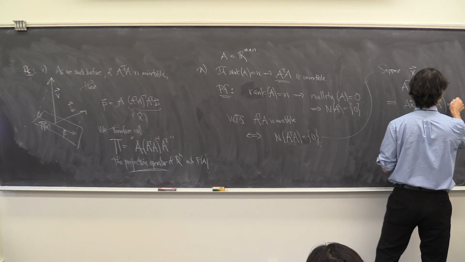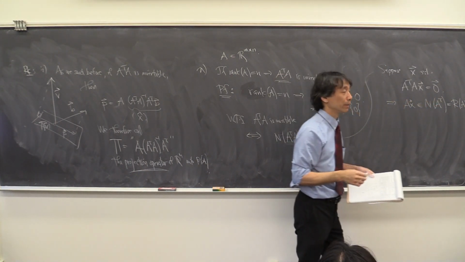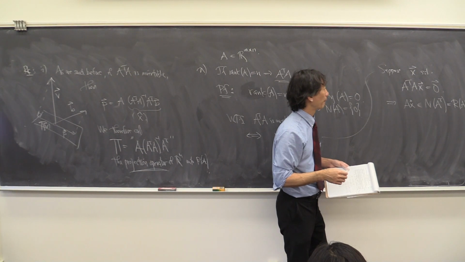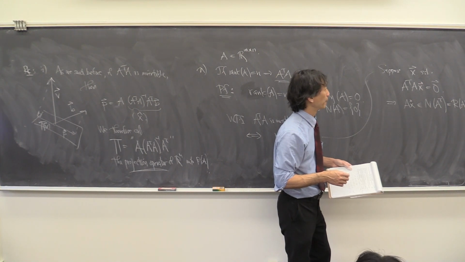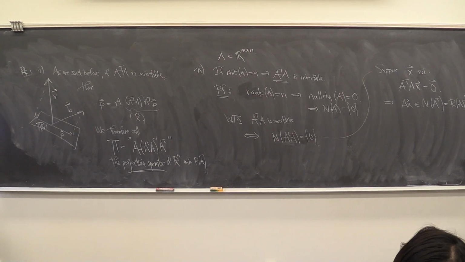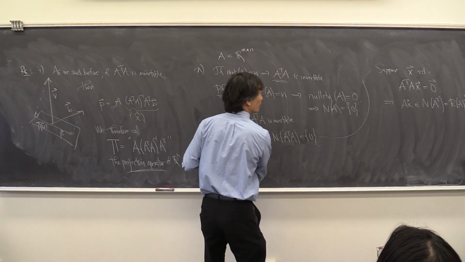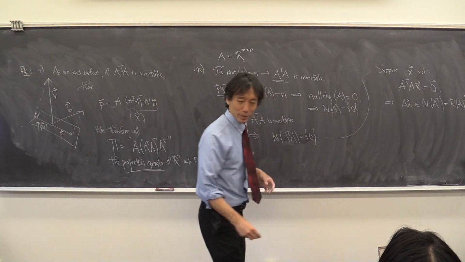The null space of A transpose is perpendicular to the range of A. Okay, so why is x 0?